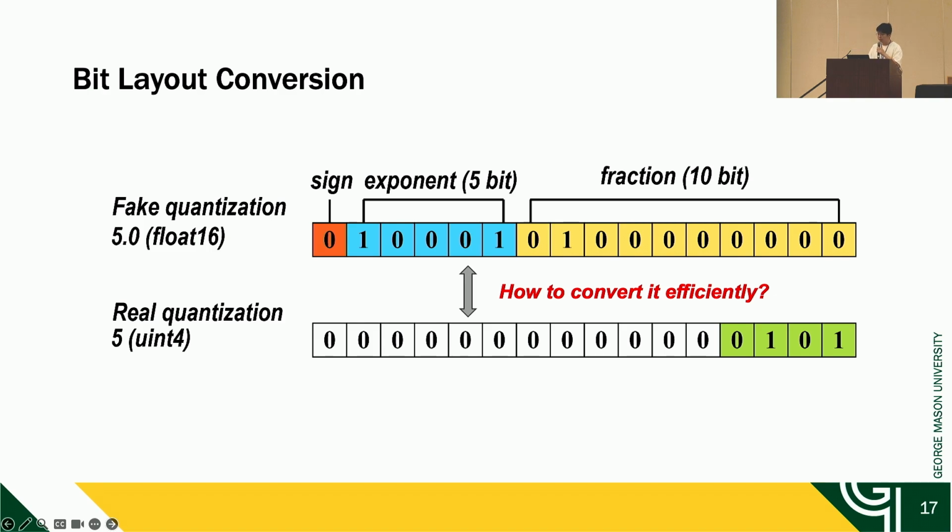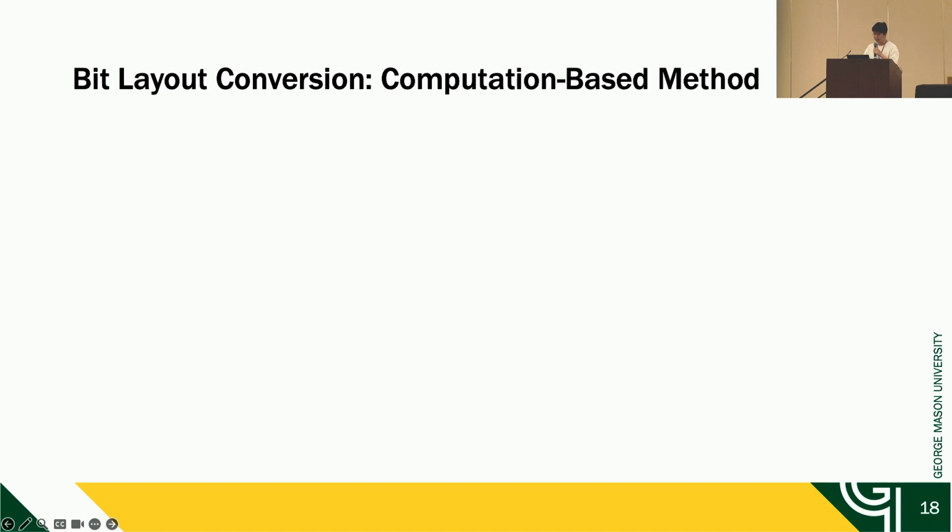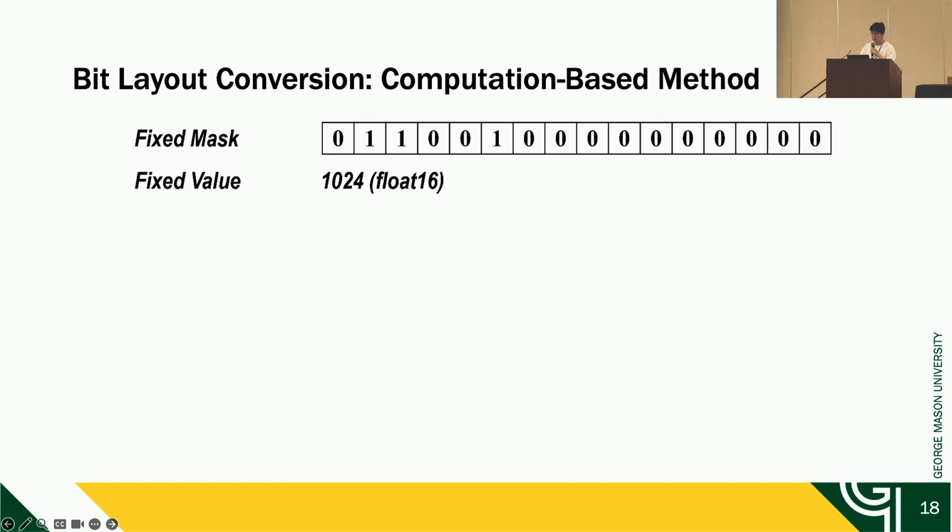The original bit conversion instructions usually have much slower throughput than regular computation, sometimes up to 8 times slower. To tackle this, we use a computation-based method instead of relying on traditional instructions. Specifically, we apply a fixed mask and a predefined constant to perform the conversion.